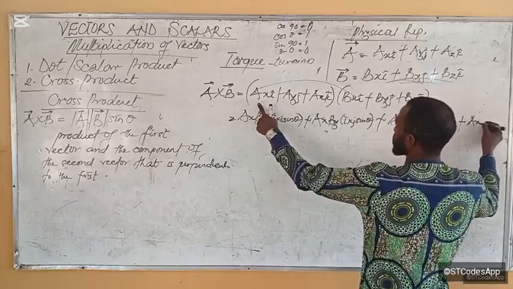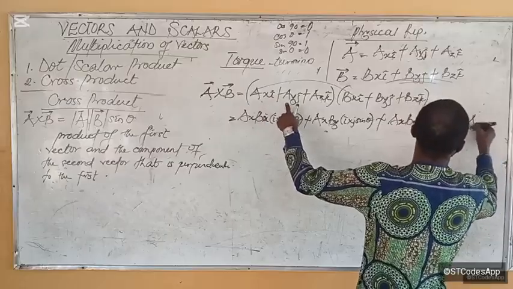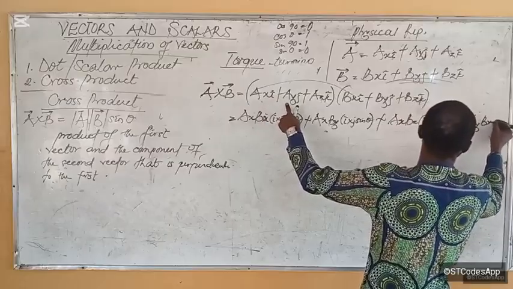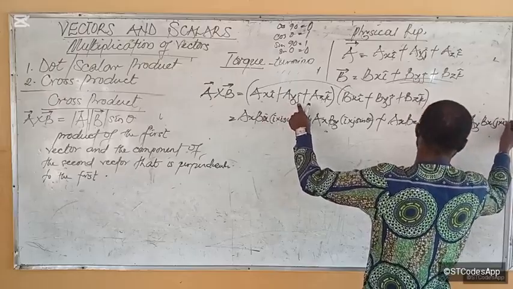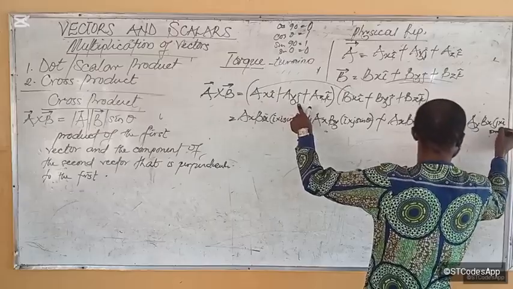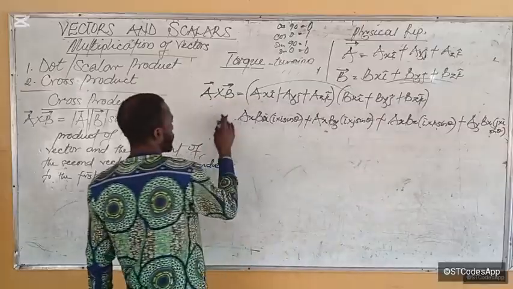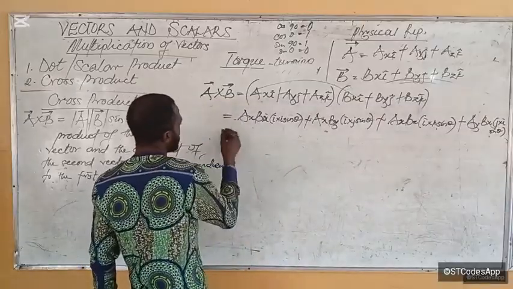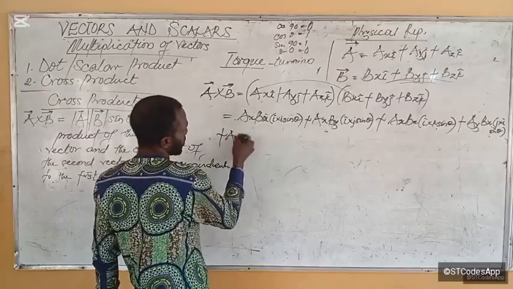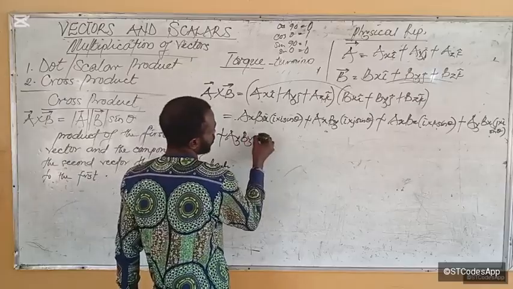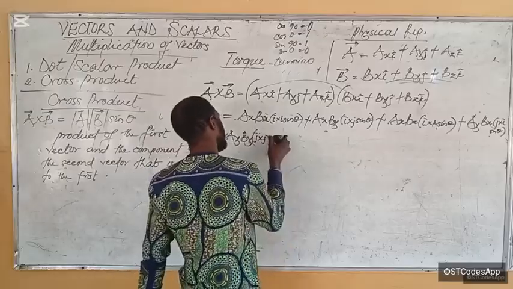Plus AX, we are done with AX. Now let's go to AY. AY BX J cross I sine theta. Plus AY BY J cross J sine theta.